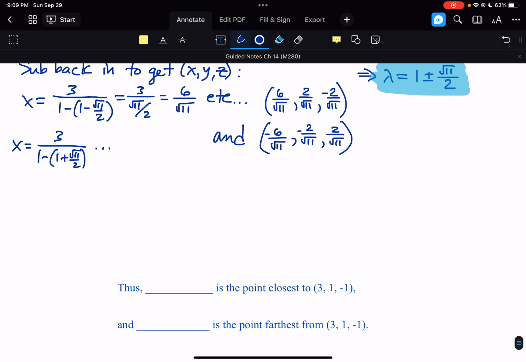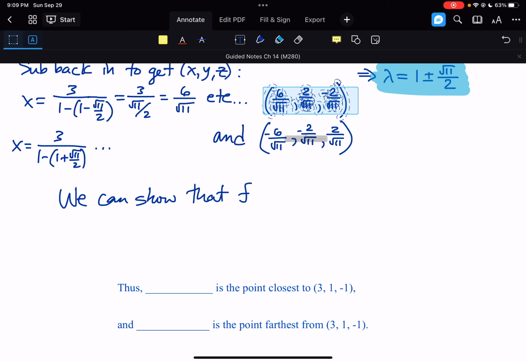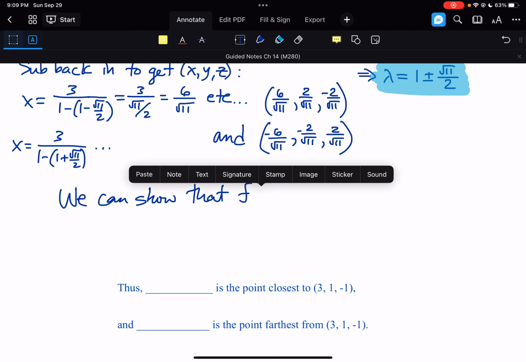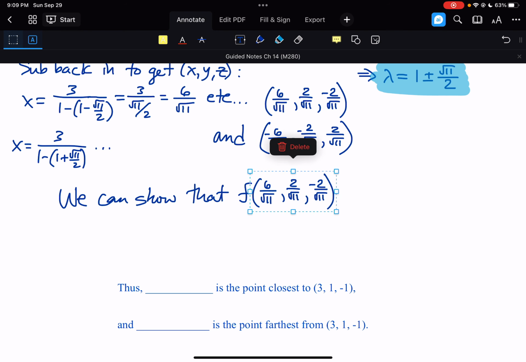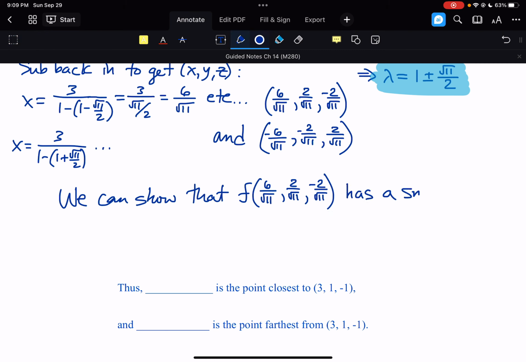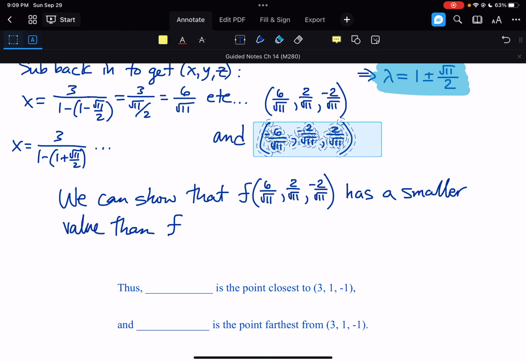But we end up seeing that f of this point has a smaller value than f of this point.